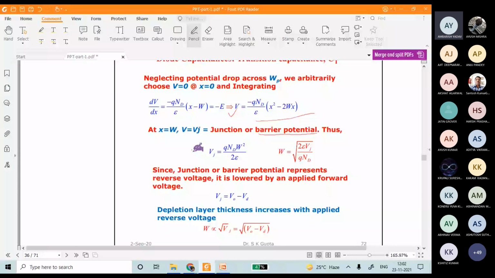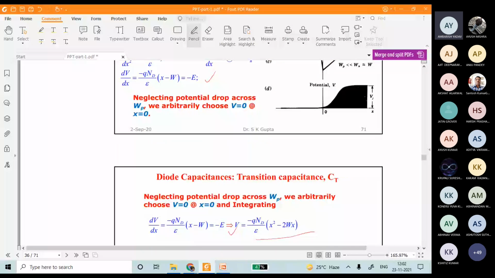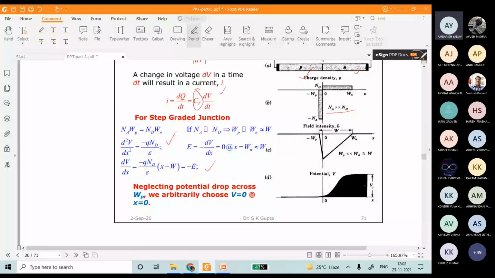We find it here in the approximated case. The approximation here is taken such that we are having a large doping on the P side as compared to the N side.